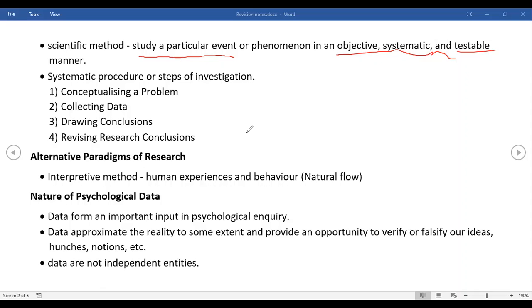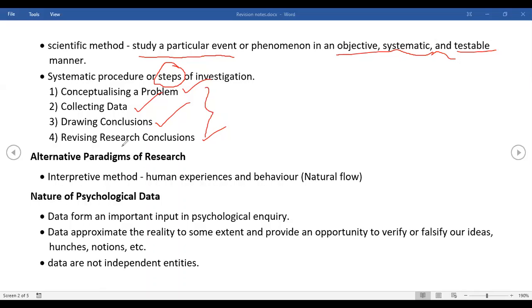What is the systematic procedure or the steps of investigation? There are 4 steps: conceptualizing the problem, collecting data, drawing conclusions, revising research solutions. These are similar to the methods, and the goals are also similar.